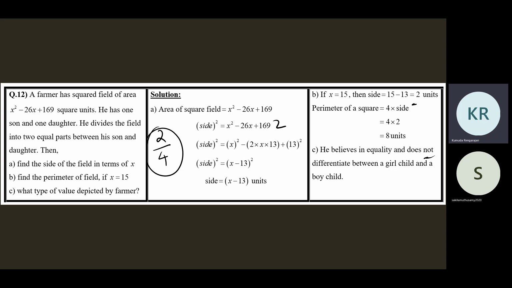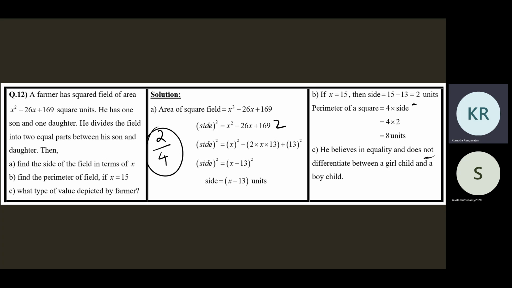The second part, why have you not found the side? If x is 15, then the side is? Mom, if x is 15, then the side will be 15 minus 13, Mom. That's what I have done. Silly mistake, Mom. But you have written square. You have written 4 into side square for perimeter.